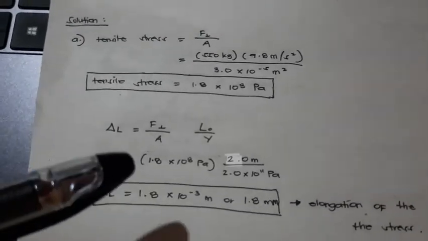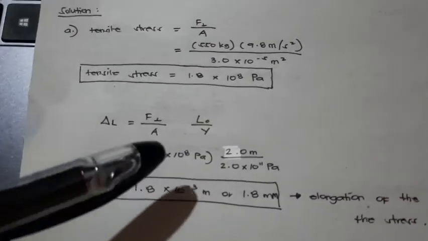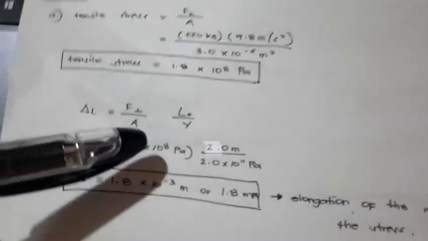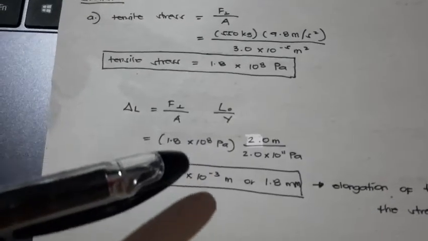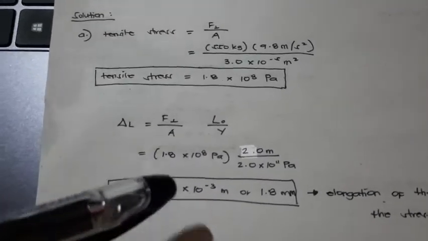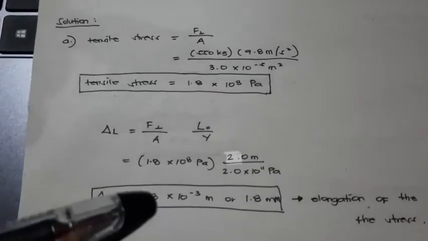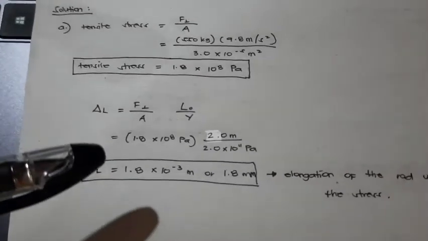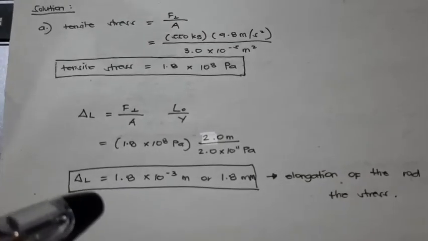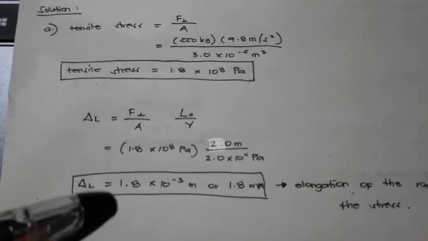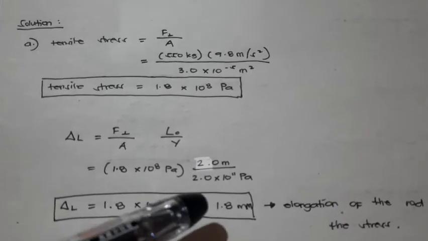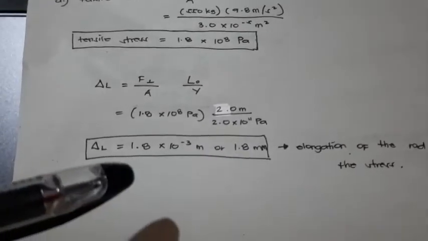Since we already have the values from earlier, we're just going to plug in the other values, which is our original length equal to 2 meter, and the Young's modulus, which is 2.0 meter over 2.0 times 10 raised to 11 power Pascal.